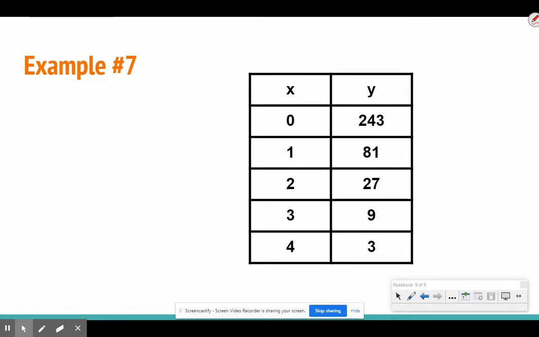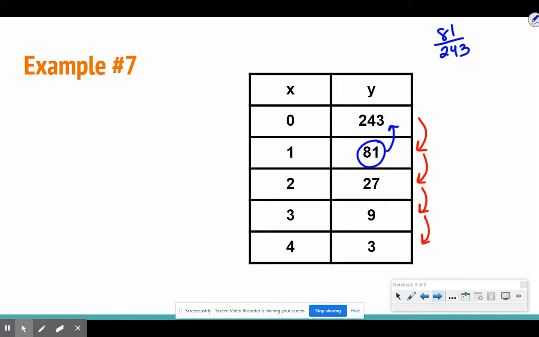All right, example number 7. Again, I notice this isn't linear, and I'm not sure what we're multiplying by. I know that we are dividing by 3, but if you're not sure on what that decay factor is, take that second number, 81, and divide it by your first number.